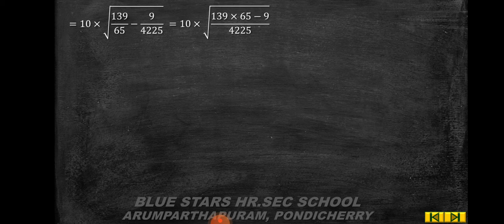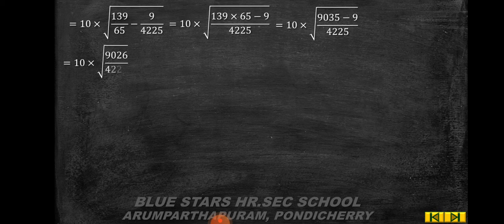The next step is cross multiplication, which is equal to 10 into root of 9035 minus 9 by 4225, which is equal to 10 into root of 9026 by 4225.